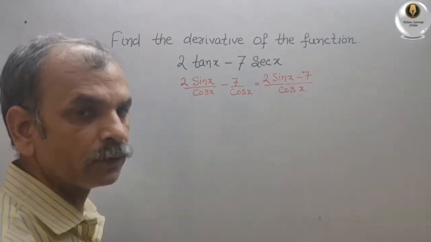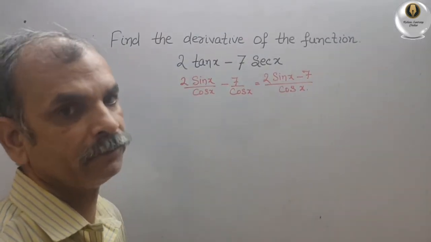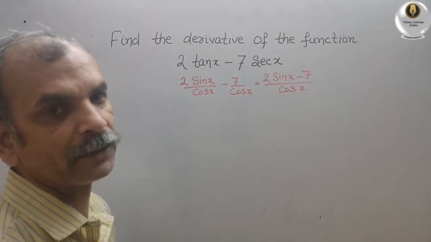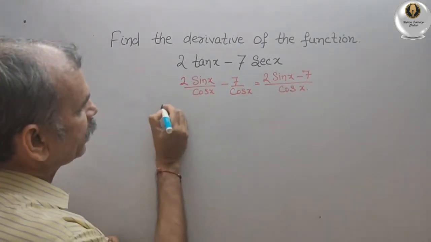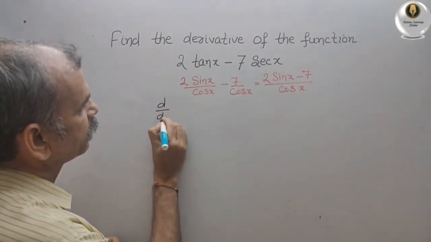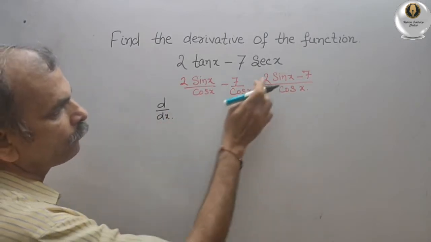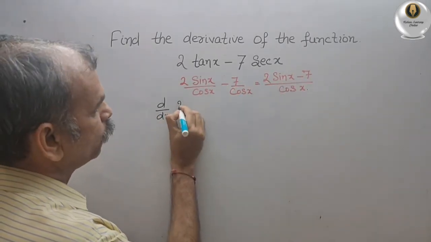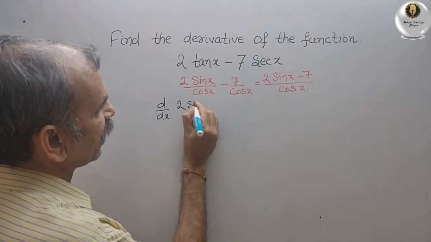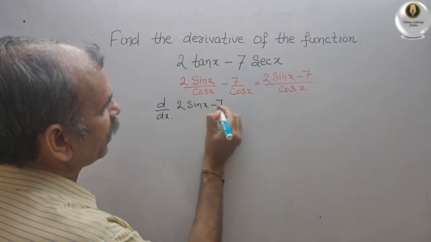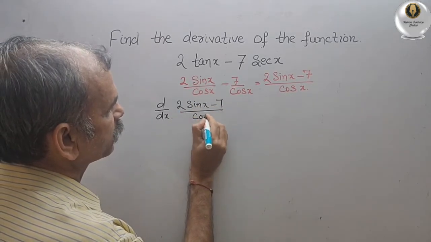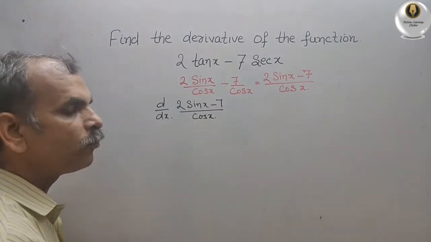Now we will go for our derivative in fraction form. So that is d by dx of this, that is your 2 sin x minus 7 by cos x. Now what we will do?